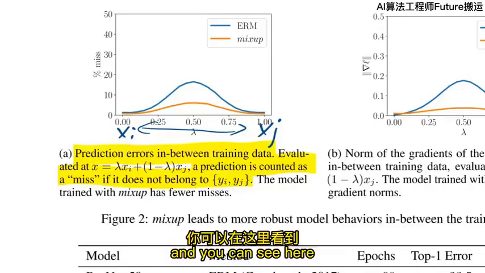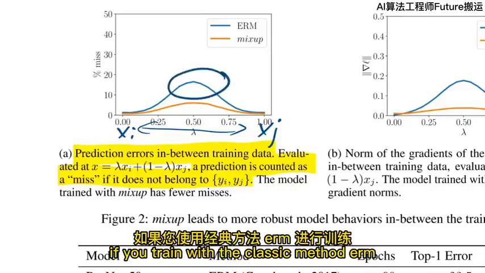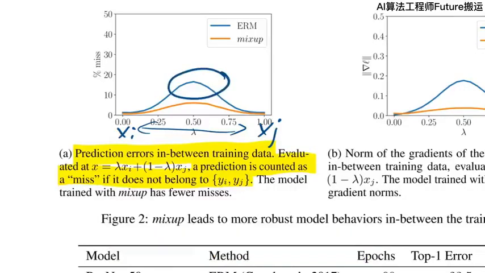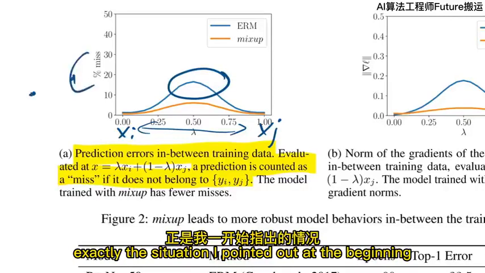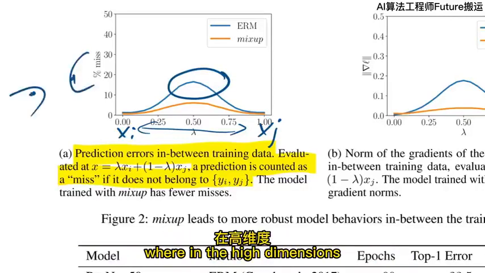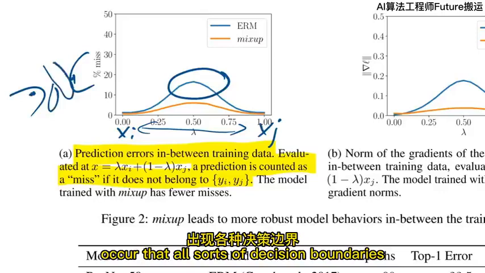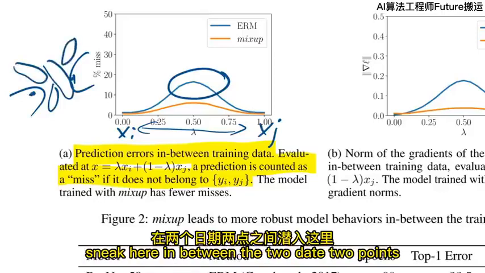And you can see here, if you train with the classic method, ERM, these errors happen much more often. That's exactly the situation I pointed out at the beginning, where in high dimensions, it can occur that all sorts of decision boundaries sneak in between the two data points.